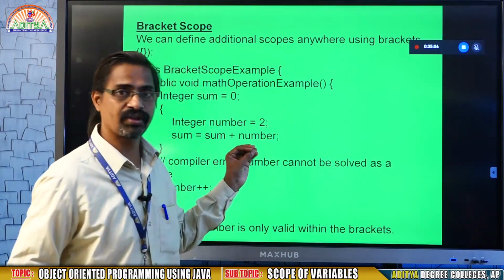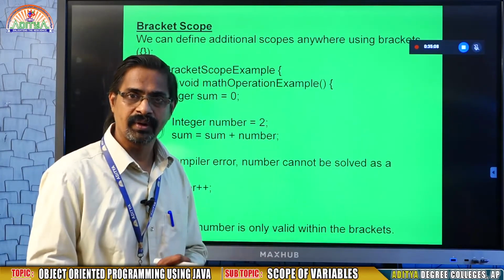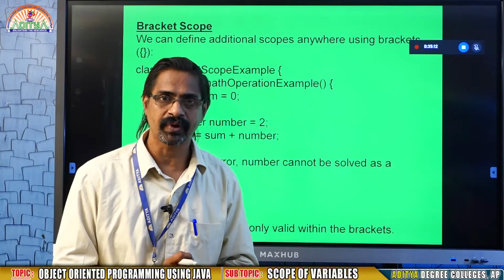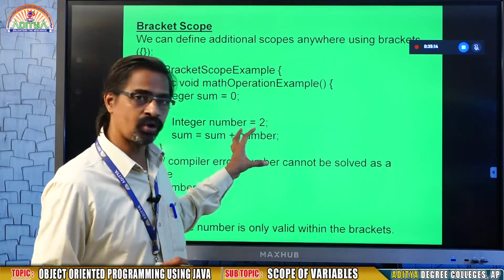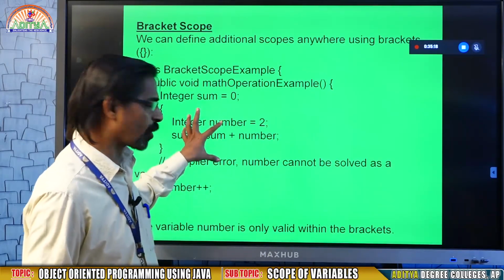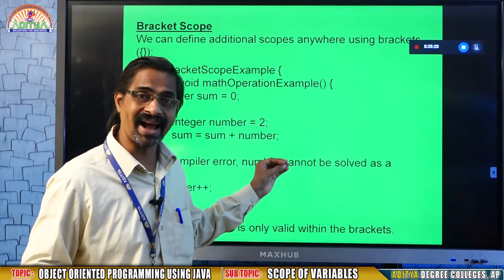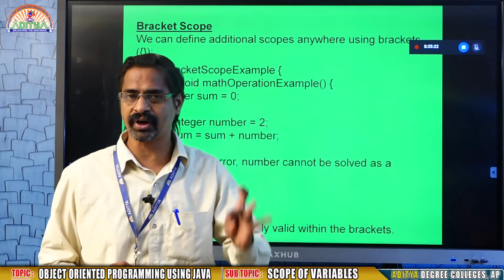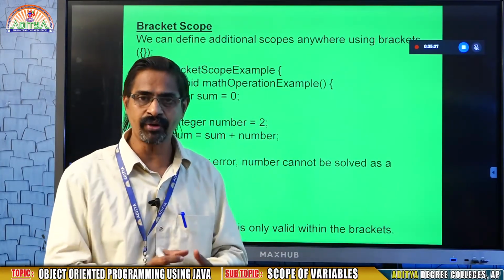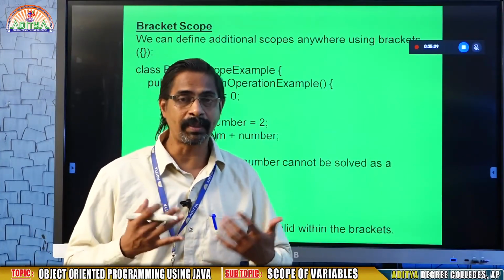So this is the topic today, dear students. This topic is called scope of variables in Java. Soon you are going to learn class programming, where this topic is very important regarding access specifiers: public, private, protected, and default. So everything I will give you in the coming classes.